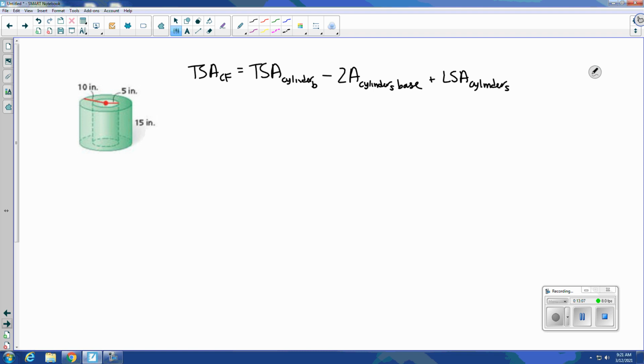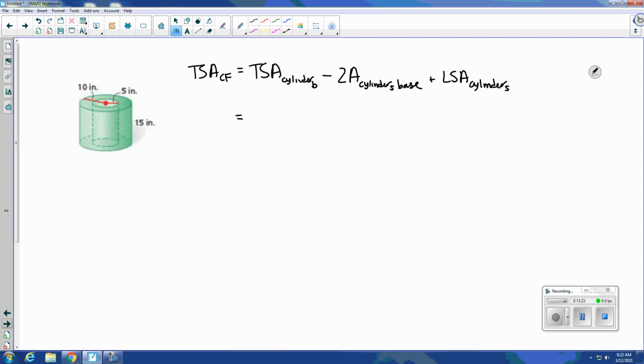So we do total surface area of the big one, but then we carve out that middle cylinder. So we have to take away the bases of the middle one, but then add in the lateral, okay? Because that would be the total surface of this composite.